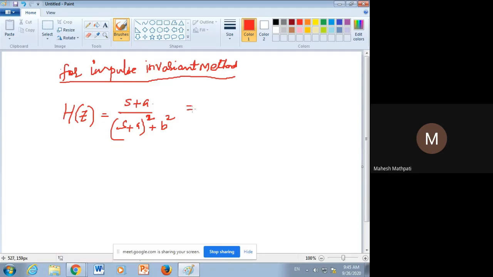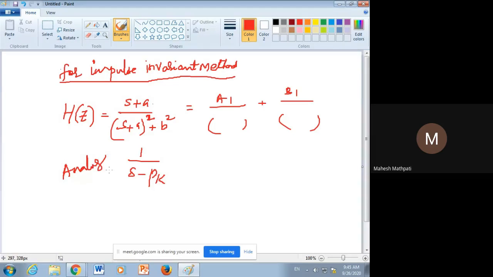So we are writing it like A1 divided by some factor plus B1 divided by some factor, and we are calculating the values of these. Then 1 divided by s minus pk is in analog form, and H of s will be converted into H of z.